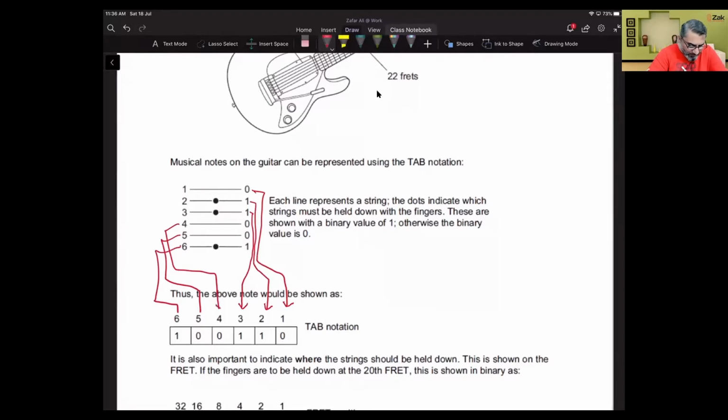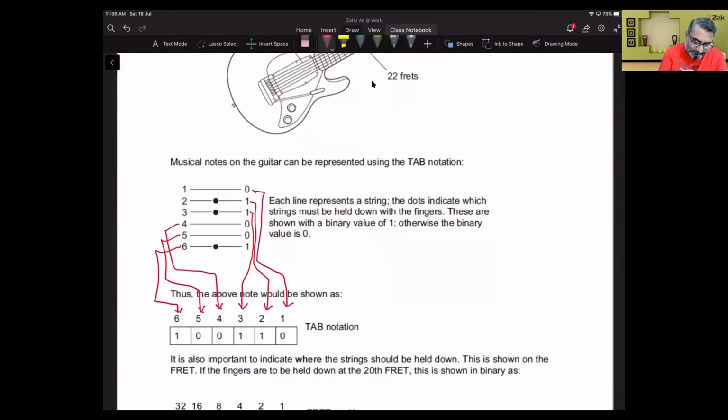You will have to pay attention to whether the top is represented by the bit on the least significant side or on the most significant side. Here the top is represented by the least significant side.